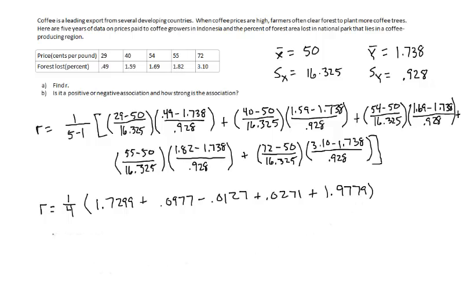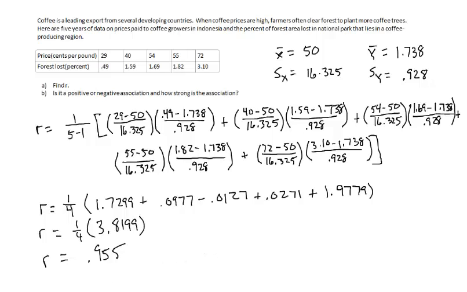And now I'm going to add all these terms together. So I have 1/4 times 3.8199, and then R is equal to 0.955. So we have a strong linear association here. 0.955 is close to 1, and it's positive.